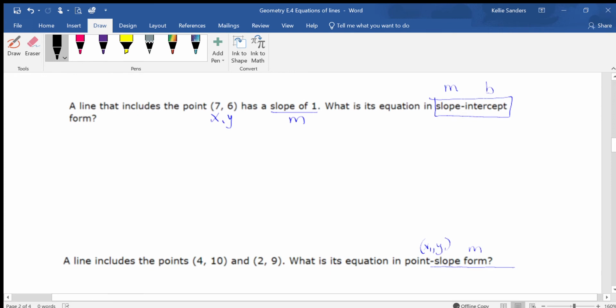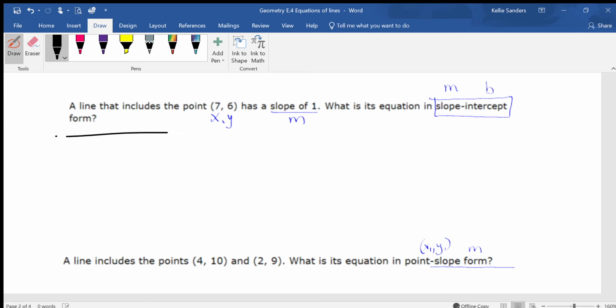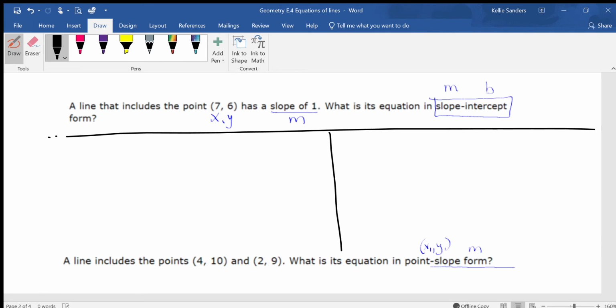A line that includes the point 7, 6 has a slope of 1. What is the equation in slope-intercept form? Okay. I'm going to do this problem 2 different ways and get the same answer.